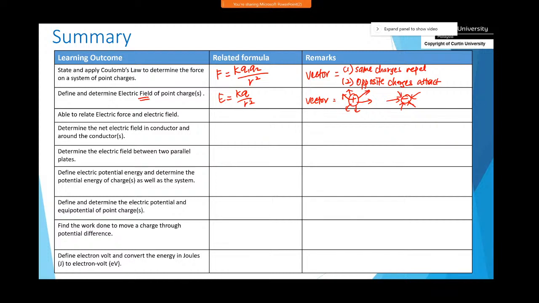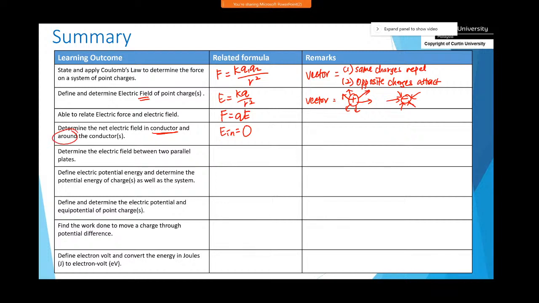How to relate electric force and electric field? Force is related with electric field. What is the electric field in a conductor? The electric field inside a conductor is equal to 0.